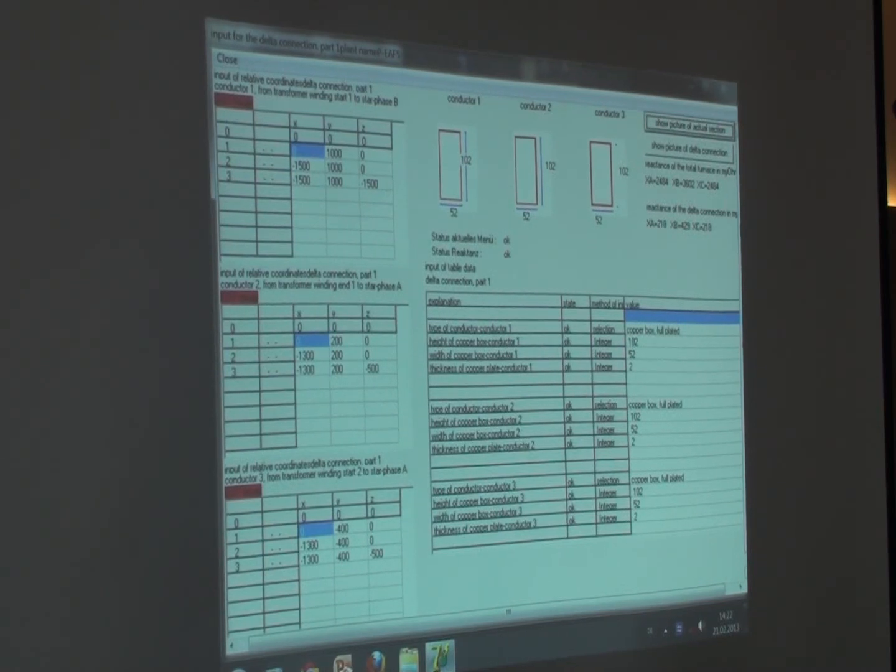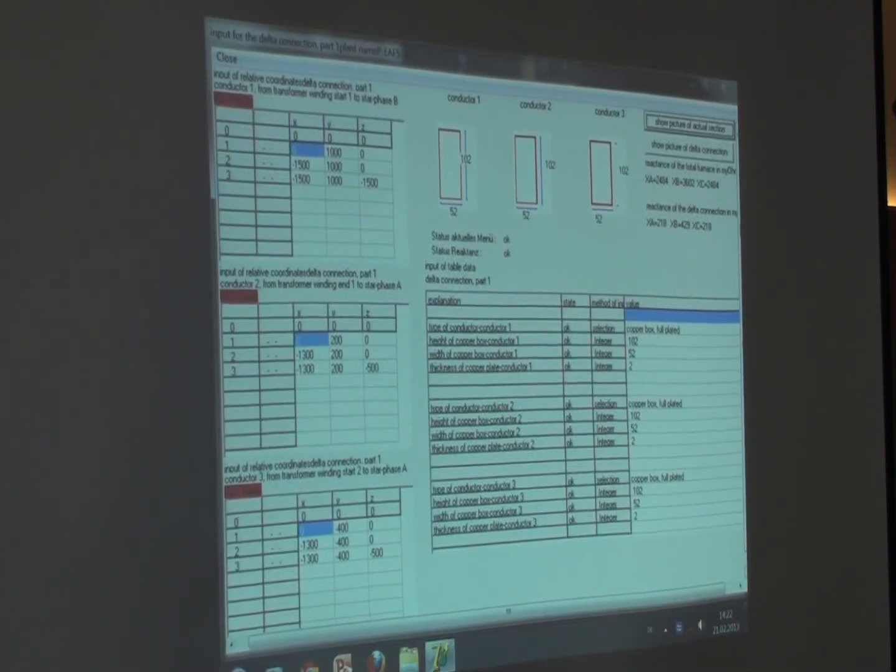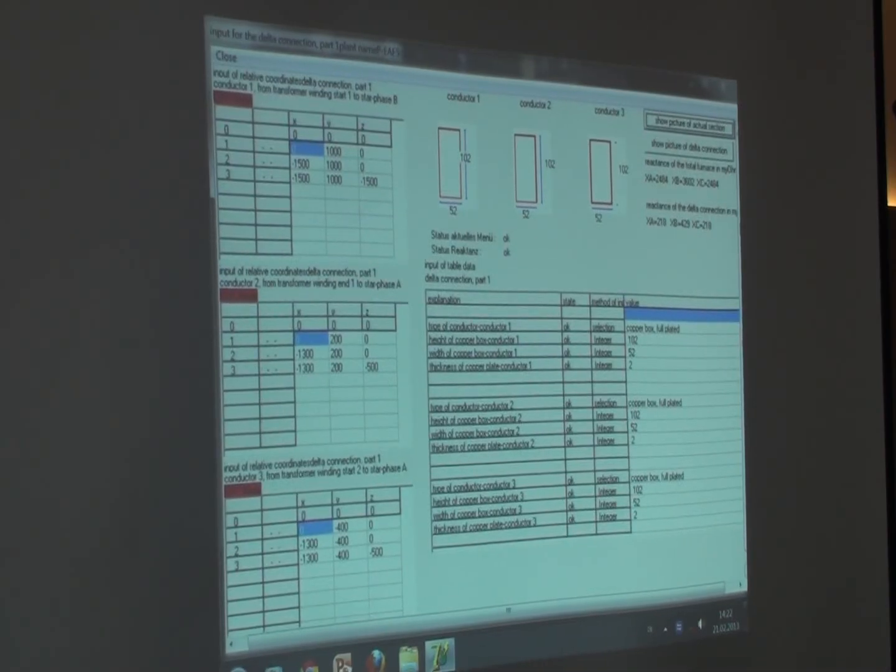The calculation from delta to star, we'll try it. XA is XAB multiplied with XCA divided by the sum of these, XAB plus XBC plus XCA.